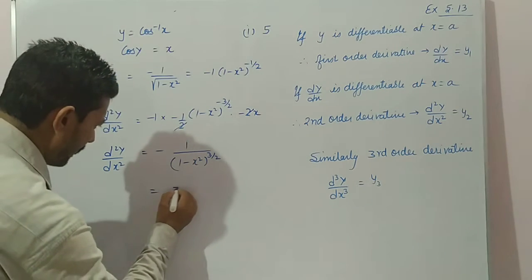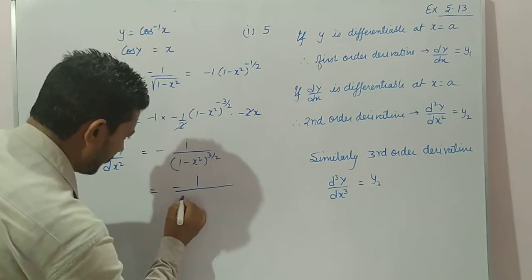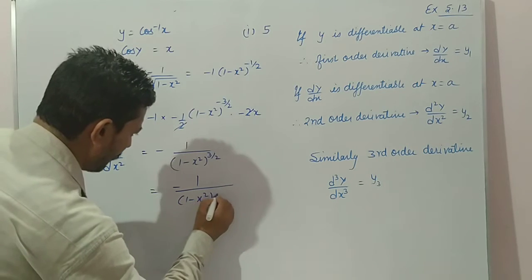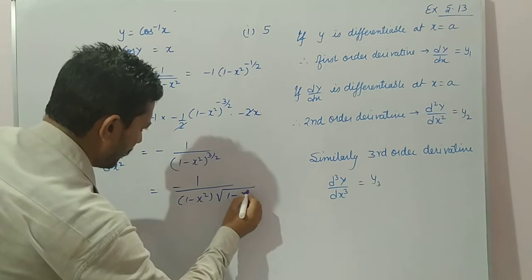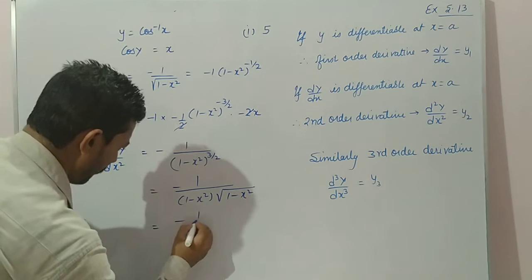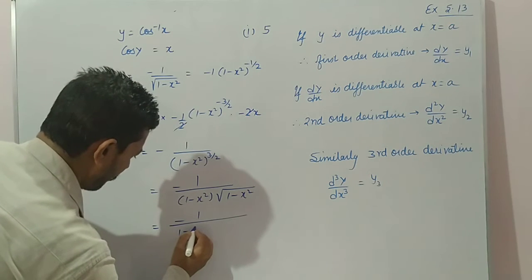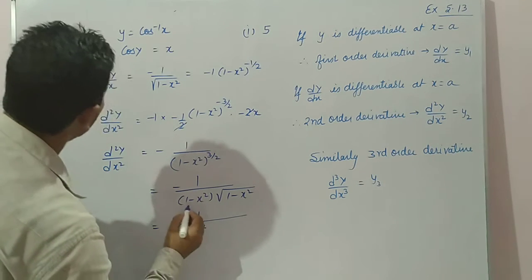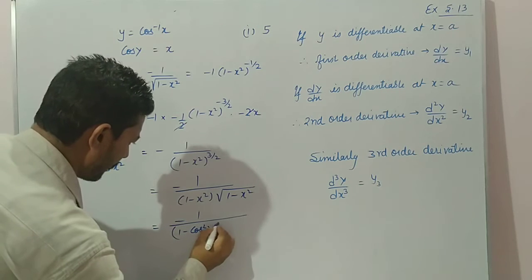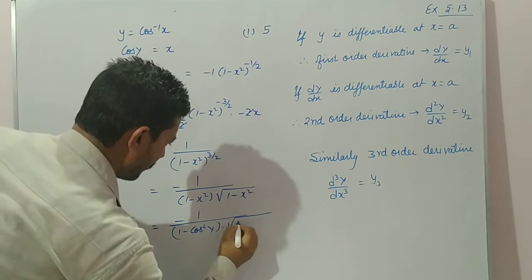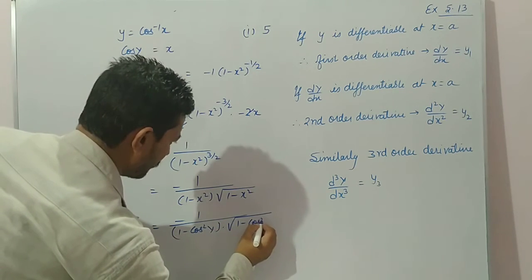Let's see. Minus 1 by this can be written as (1 minus x square) into root over (1 minus x square). Minus 1 by (1 minus cos square y) into root over (1 minus cos square y).